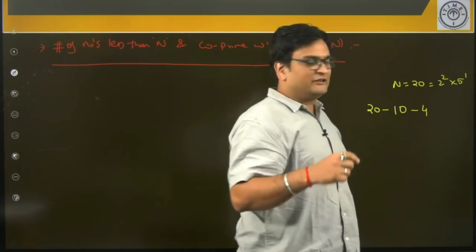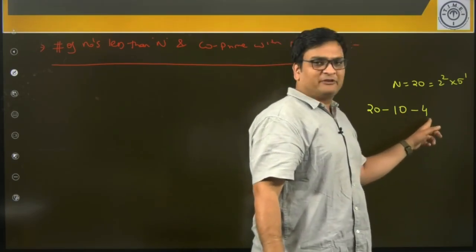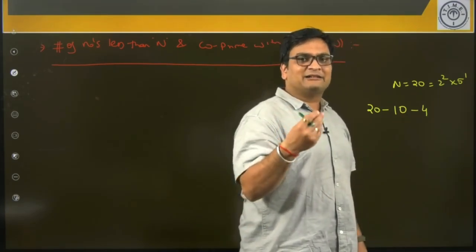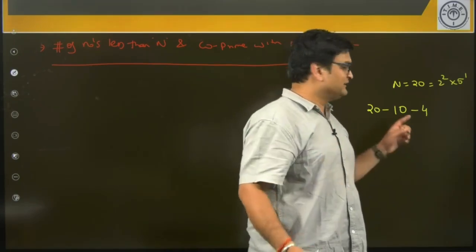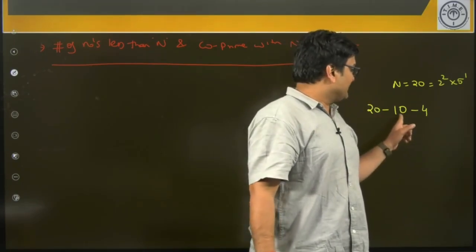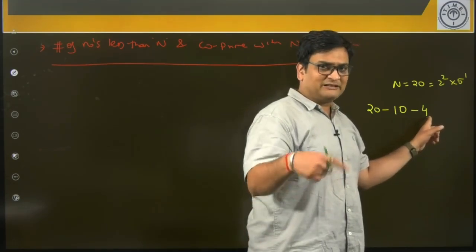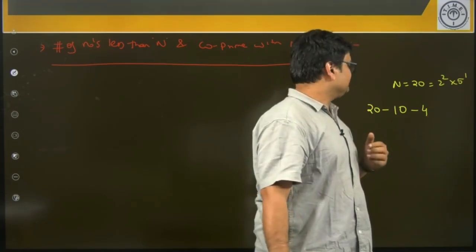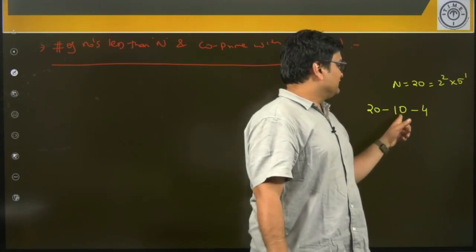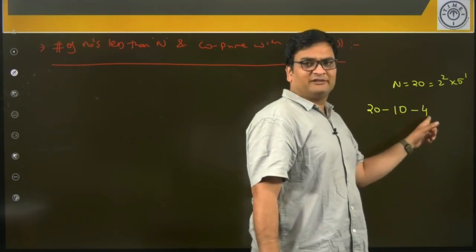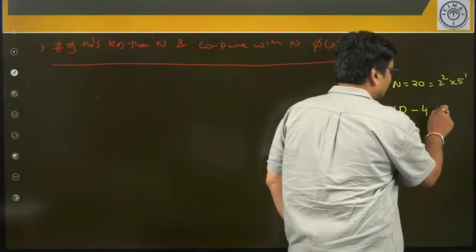But please note, when you're removing multiples of 2 and multiples of 5, there are certain numbers which are subtracted twice, for example 10. So 10 will be subtracted here also because it's a multiple of 2, and 10 will be subtracted here also because it's a multiple of 5. Same way, 20 will be subtracted here also and here also, thus we need to add back a few numbers.